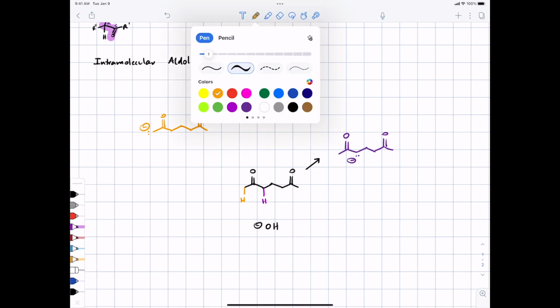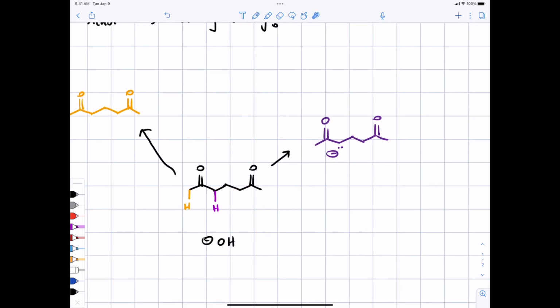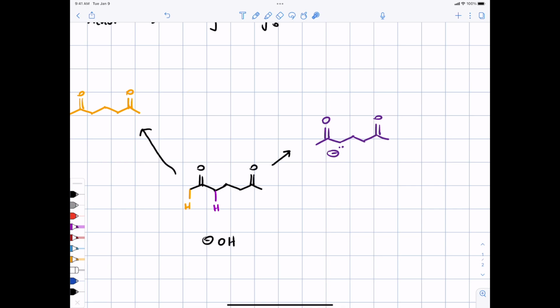But let's think about what happens next. Okay. You have your nucleophile, your enolate, in the same molecule as you have an electrophile. So you can do an intramolecular aldol reaction. Recall that intramolecular reactions are fast because nucleophile and electrophile don't have to wait around to find each other. They're already connected.